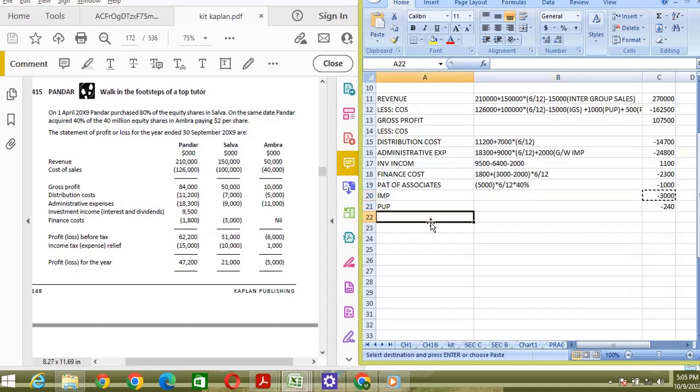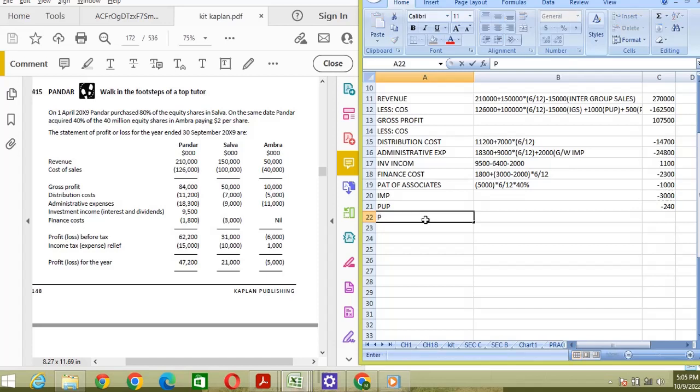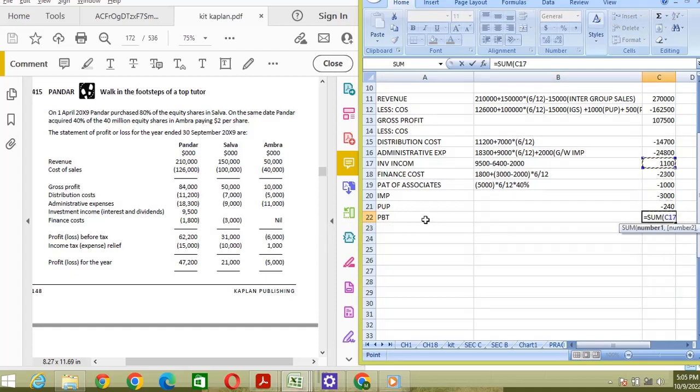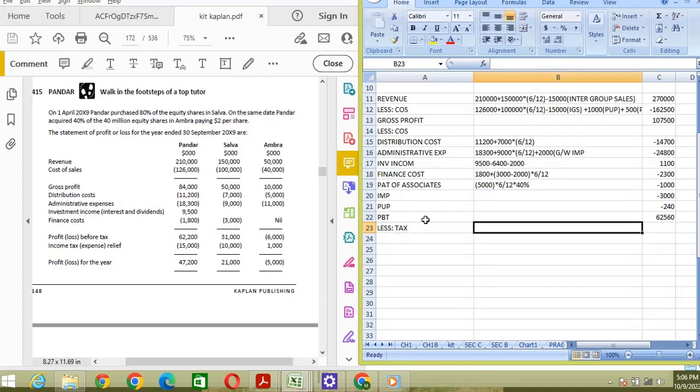So profit before tax equals this. Then one more thing we have to remove is tax. So tax expense is 15,000 for the parent, and we will again take 10,000 into 6 by 12 for the subsidiary. So 20,000, right?